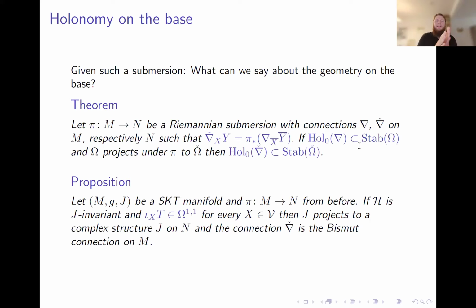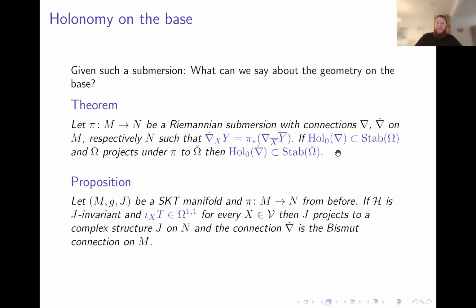So if that is the case, and this tensor projects under the submersion, then it turns out that the holonomy of this projected connection on the base again preserves the projected omega. So we know that the holonomy is inside the stabilizer of this omega check, which is just a notation I have for the projected tensor.